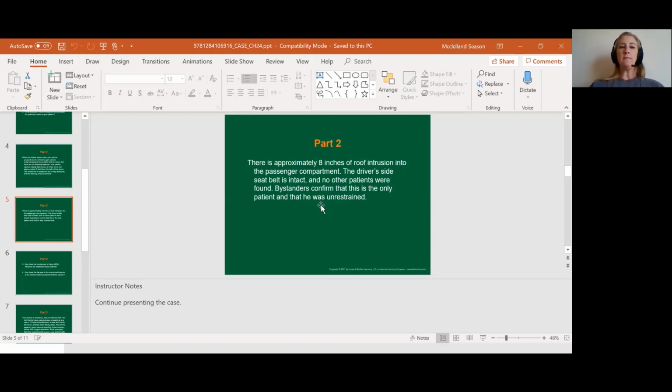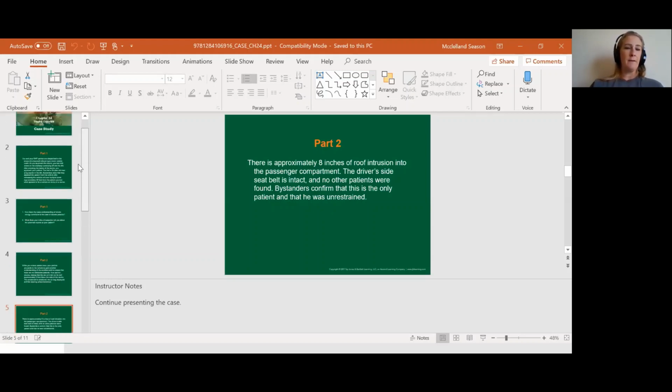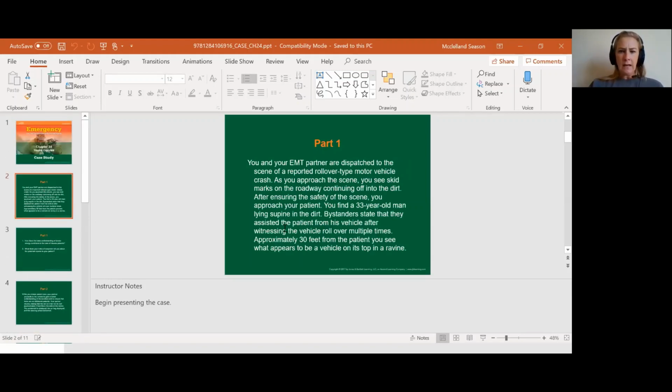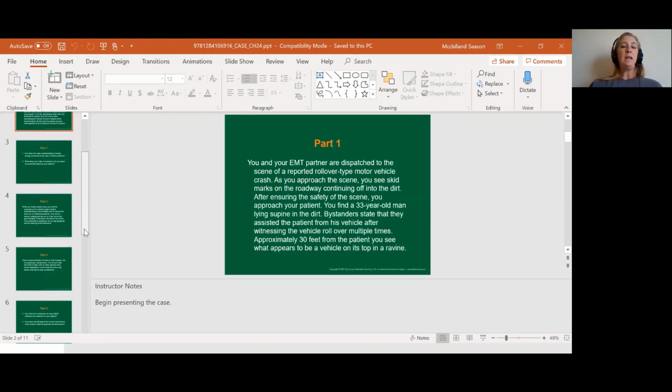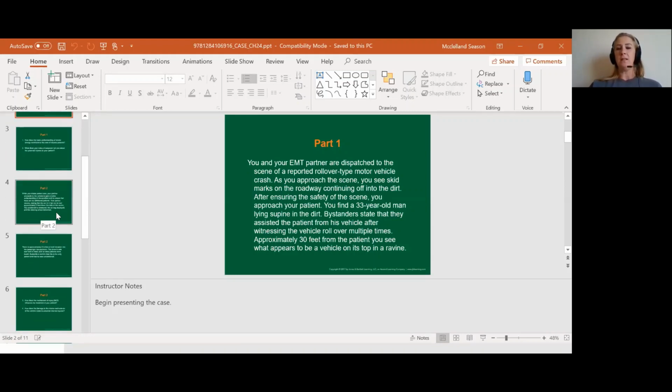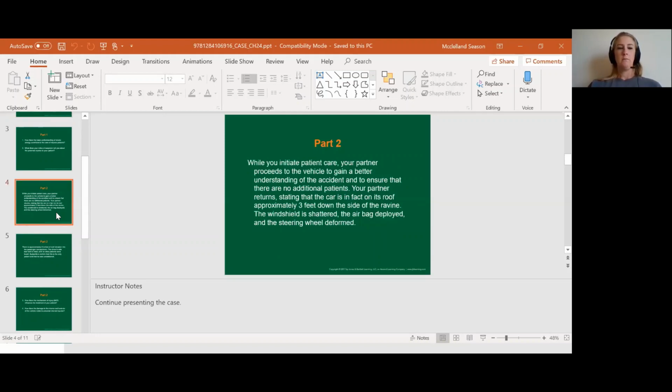Okay. At the beginning of this case study, the bystanders stated they assisted him from his vehicle after witnessing the vehicle roll multiple times. So even though he was unrestrained, they believe he was the only person in the vehicle. And because they had to assist him out of his vehicle, he was not ejected during the rollover. Make sense? All right.